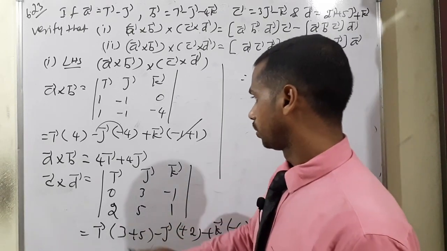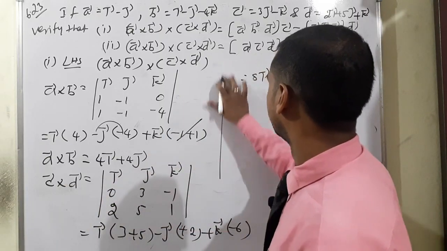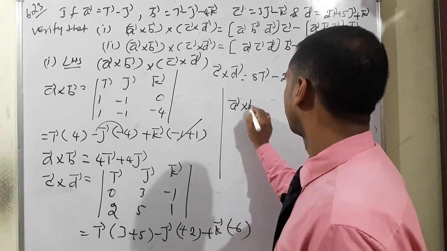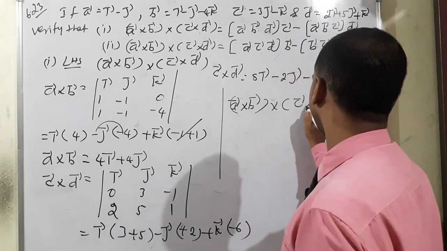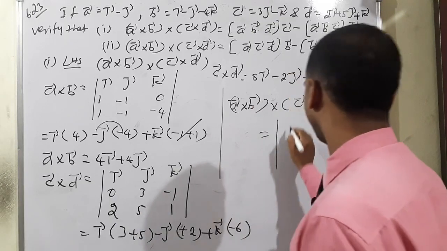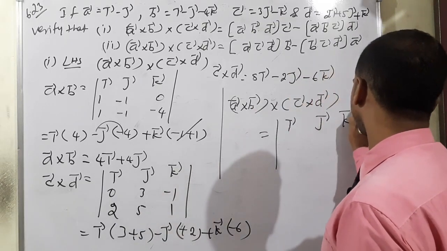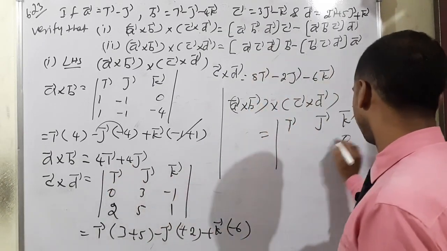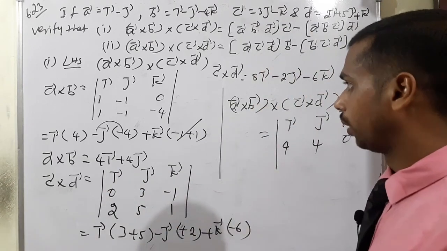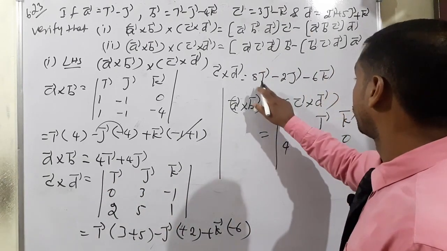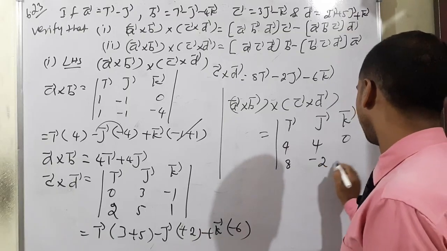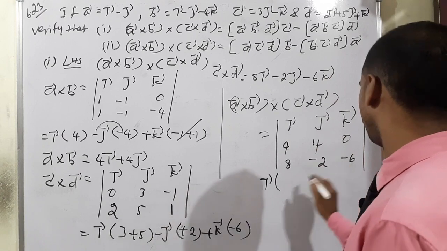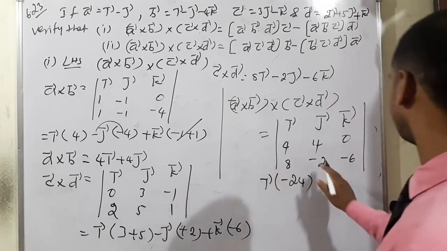This is what is the value actually? c vector cross d. Therefore, a vector cross b, then cross c vector cross d means determinant i vector, j vector, k vector. a vector cross b is equal to 4 i and j. K there is nothing to value, we can write it 4 4 only. The next condition, c cross d vector 8 minus 2 minus 6. So now again i vector means 4 into minus 6 minus 24, cross multiply means 0.